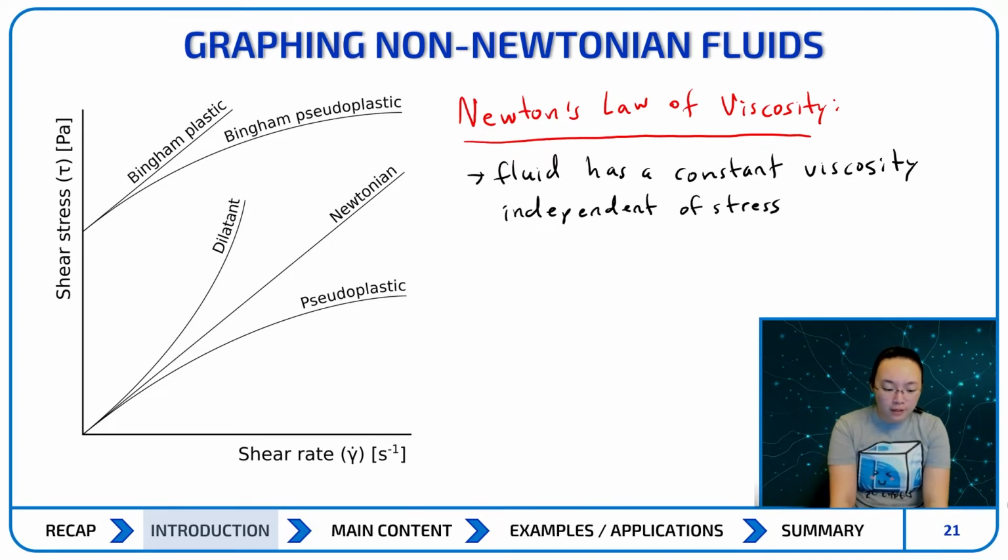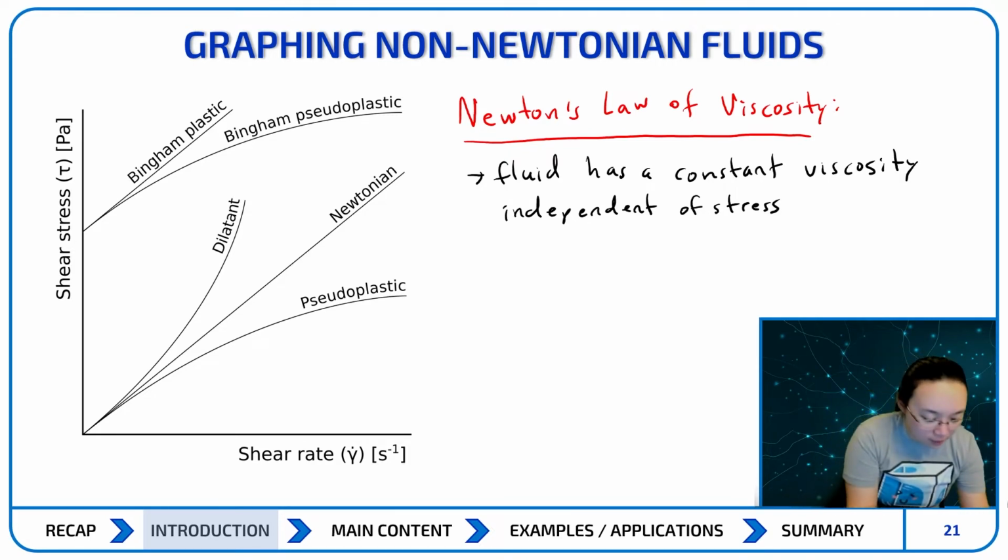It'd be good to remember it so that you can determine the difference between Newtonian and non-Newtonian fluids. But we should probably try and graph it. So to start off, the viscosity of a fluid is going to be dependent on something called its shear rate.